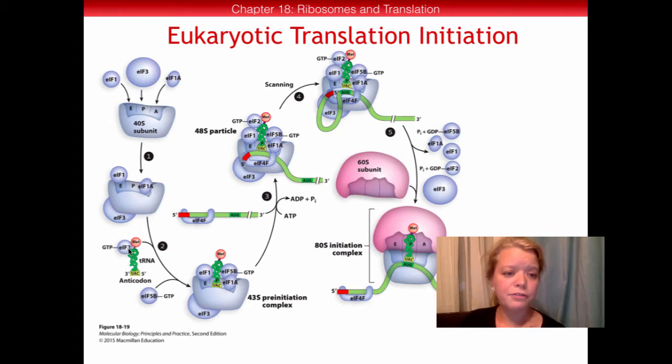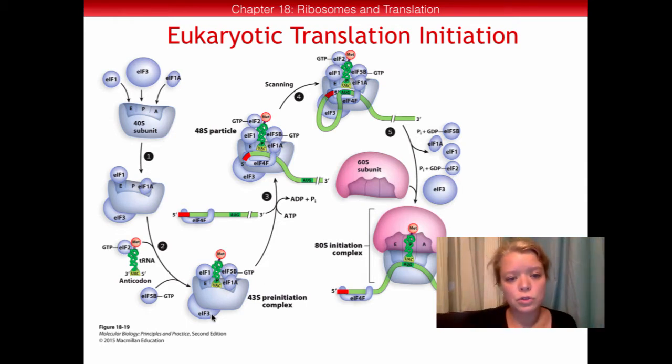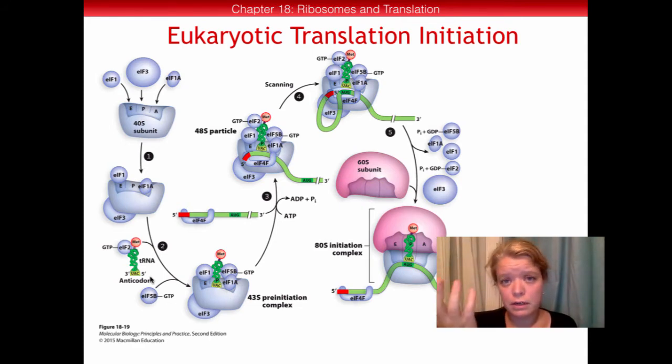And then the eIF2 and eIF5B are two GTP-bound proteins that will bind to the small 40S subunit and deliver the first tRNA into it, which will be placed into the P site of the ribosome.